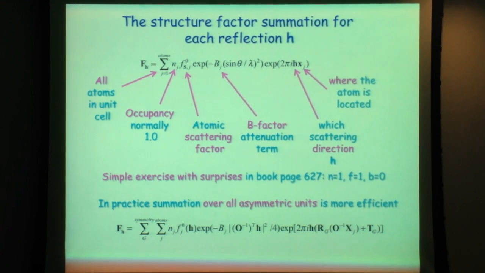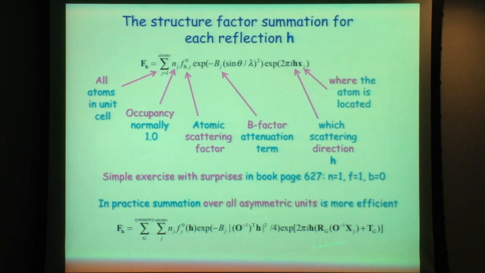If it's a 2 sub 1 axis, then we add a half along the B direction.